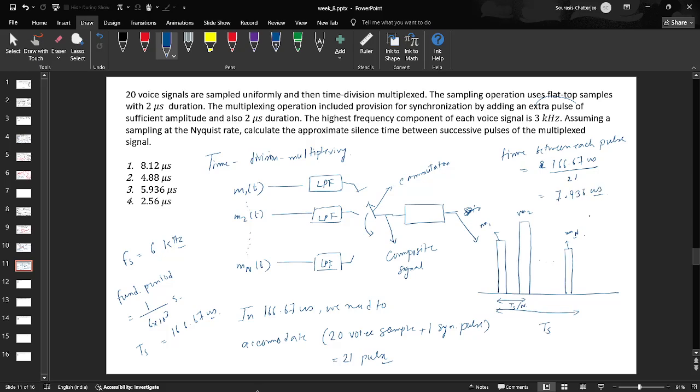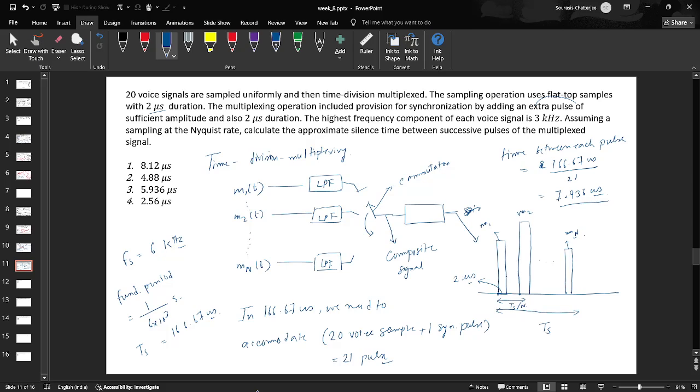7.936 microseconds. But here is a catch: remember each pulse is not a Dirac delta pulse, which has no practical duration; it's a practical flat-top sample with 2 microsecond duration. So when I say the gap from this pulse to this pulse is Ts over n, which is 7.936, you have to subtract the pulse duration, which is 2 microseconds.